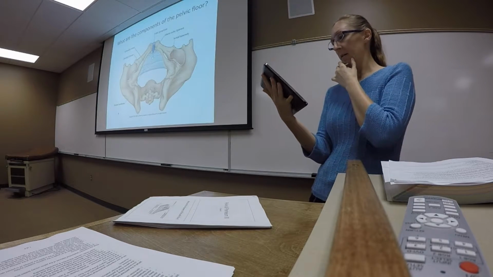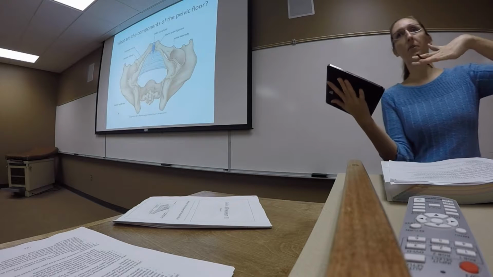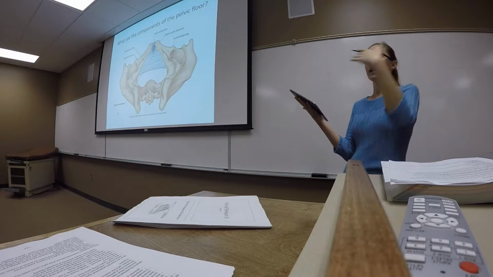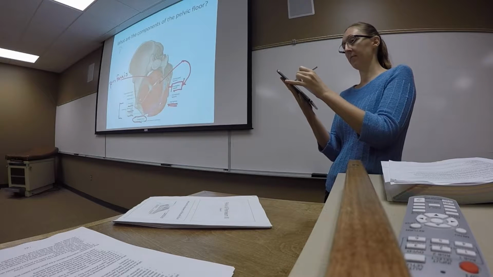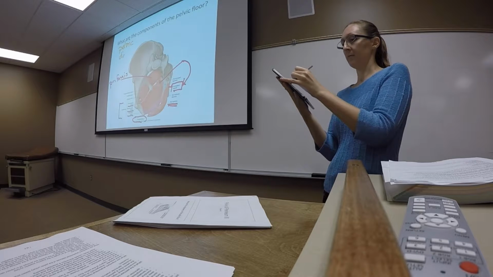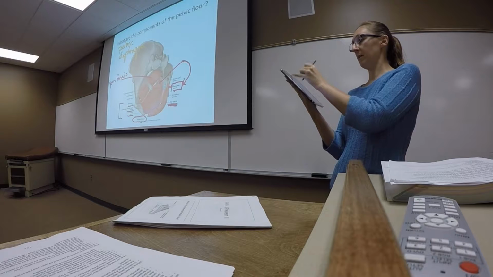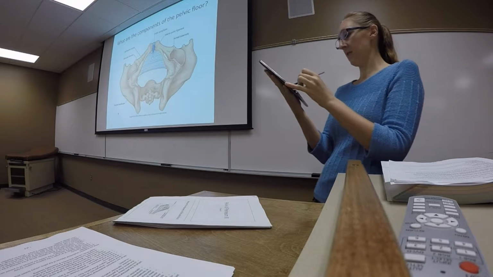Okay. So then we go down a level. So that was the pelvic diaphragm. So this we call the pelvic diaphragm. And then we go down a level and we hit the perineal membrane.